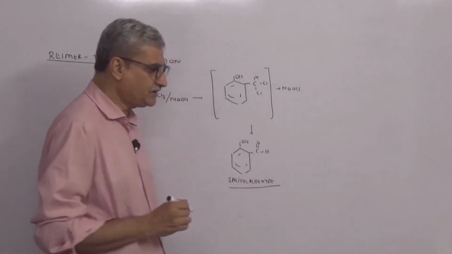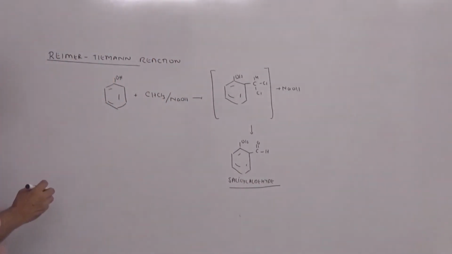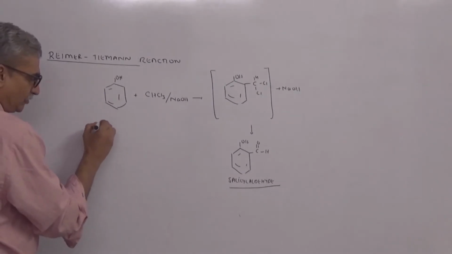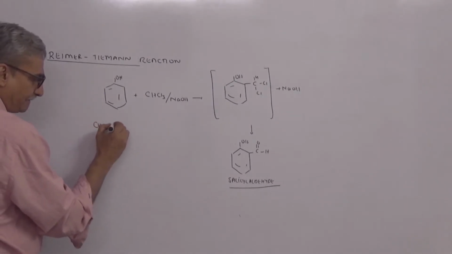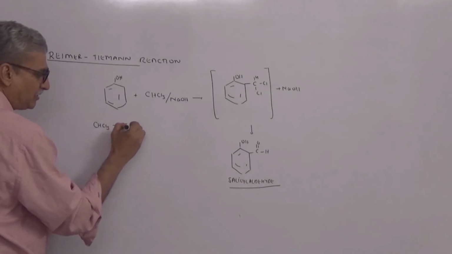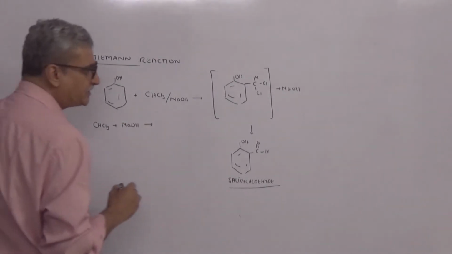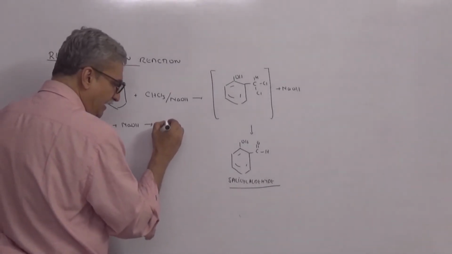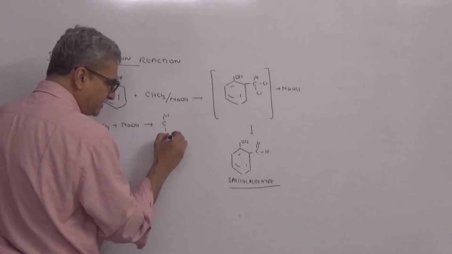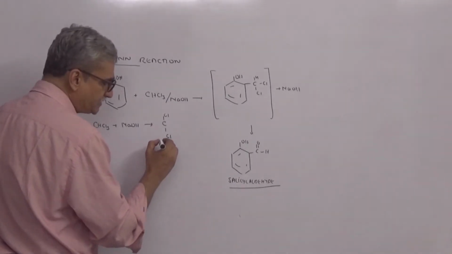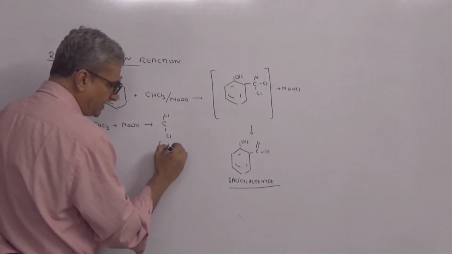So now let us try to understand how this happens. Listen carefully. When you react chloroform CHCl3 with NaOH or KOH, dehydrohalogenation takes place, and from the entrance exam point of view, you should know that the intermediate formed is carbyl chloride.